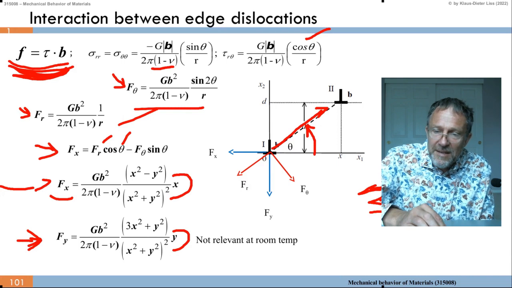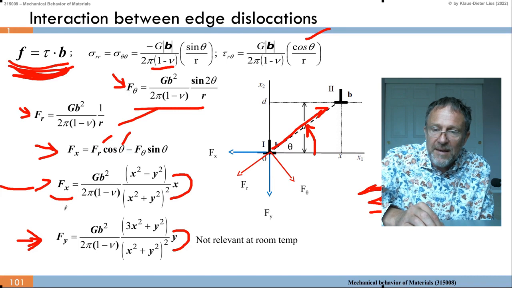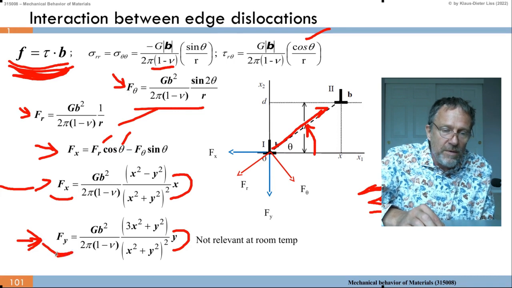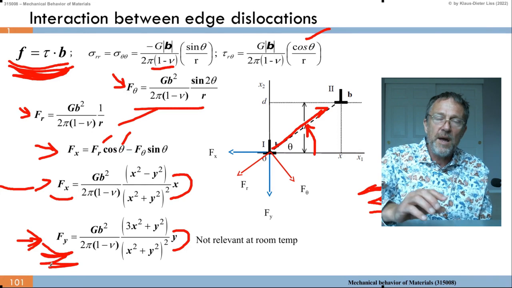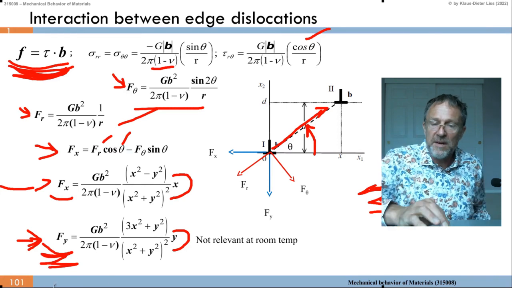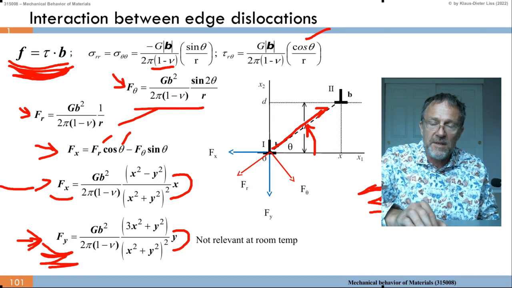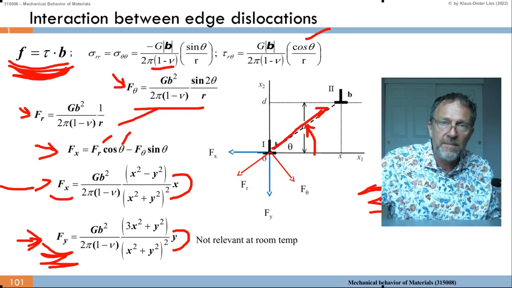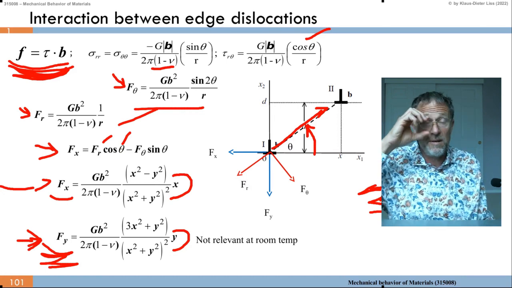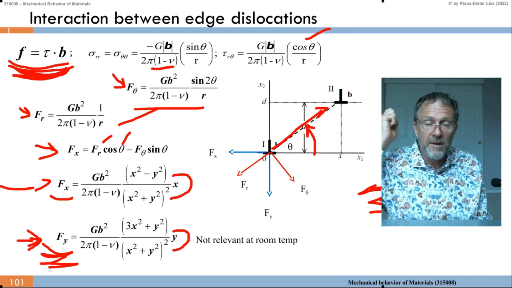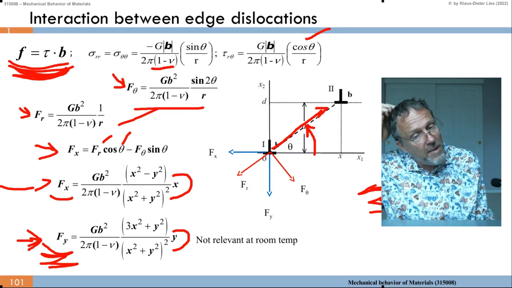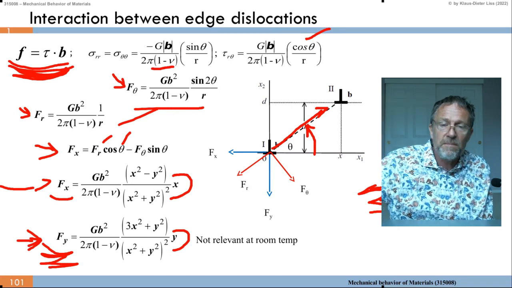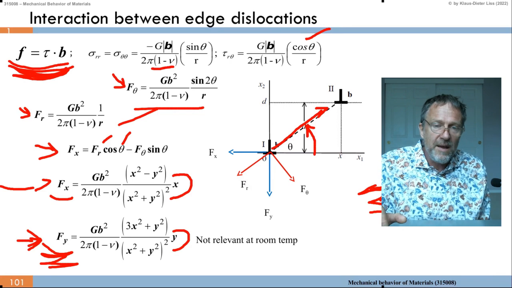However, we said the dislocation cannot climb from one habit plane to the other. So we don't need to consider the fy. We know there's an fy, but it's not relevant at room temperature because the dislocation cannot climb. It will be important later on in the course when we talk about creep. But now we're not talking about creep, we're looking at this normal plastic deformation without diffusion.